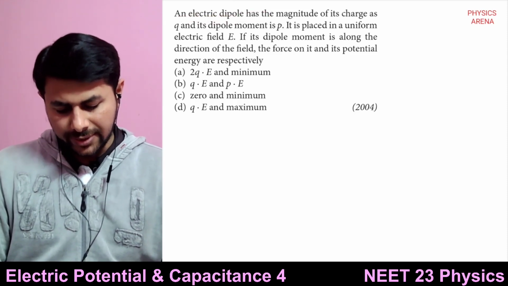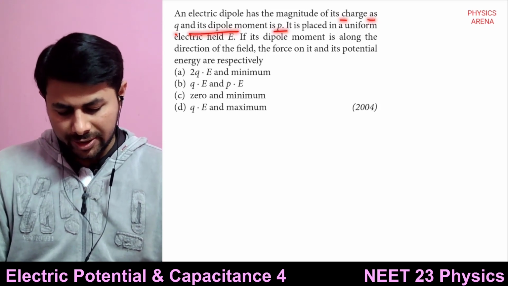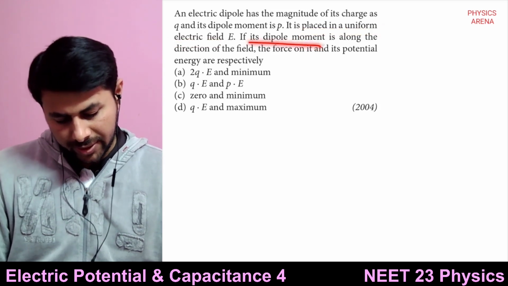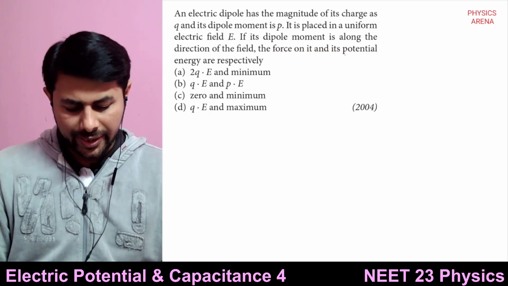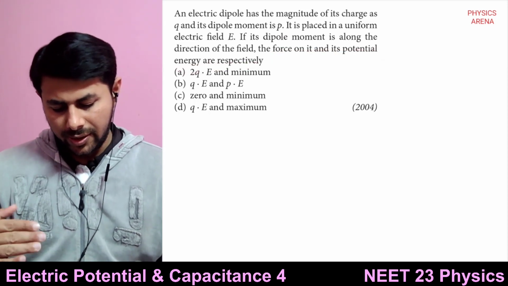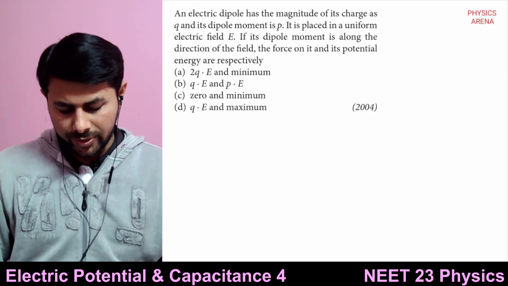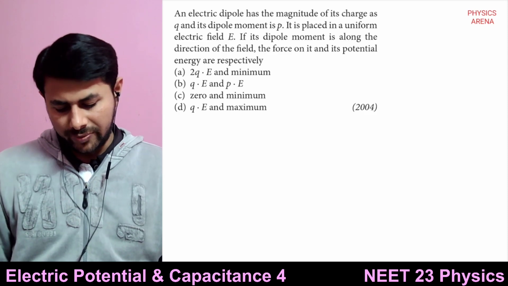An electric dipole has magnitude of its charge as Q and its dipole moment is P. It is placed in uniform electric field E. If the dipole moment is along the direction of field, force on it and its potential energy are respectively. Okay, so how much is the force? Dipole in uniform electric field.